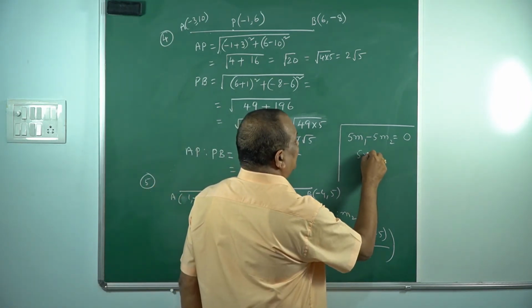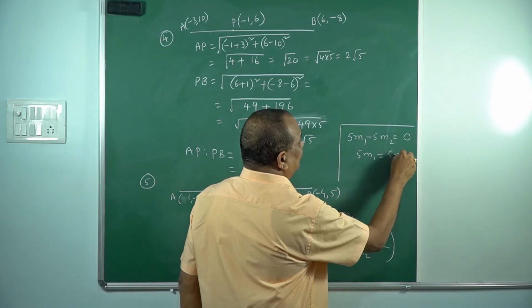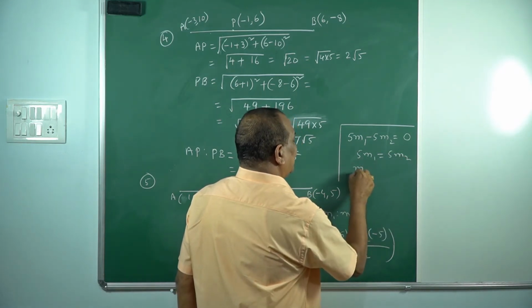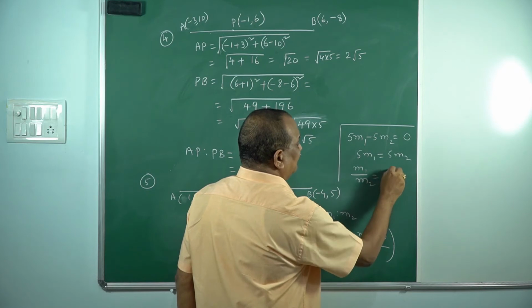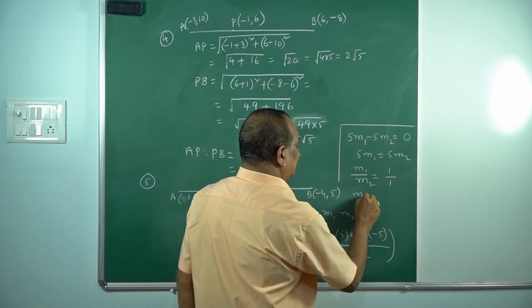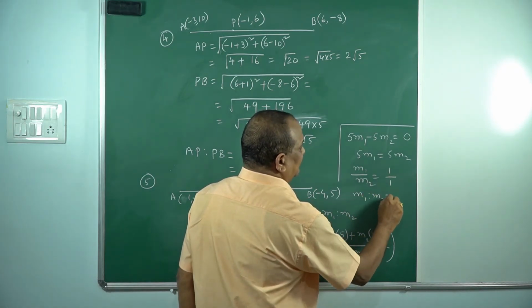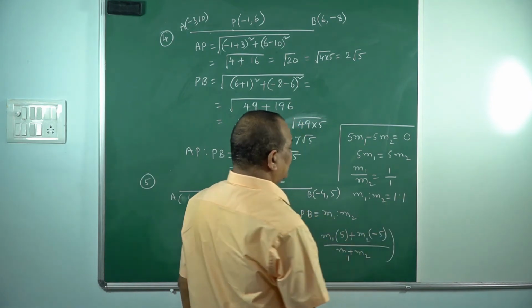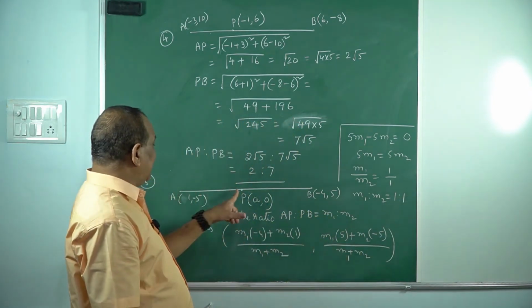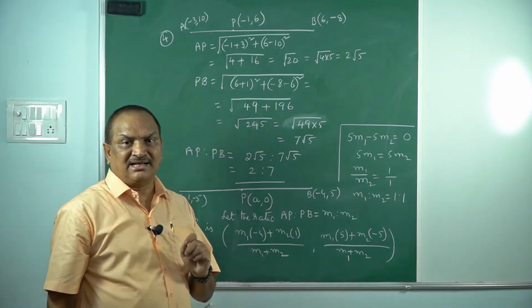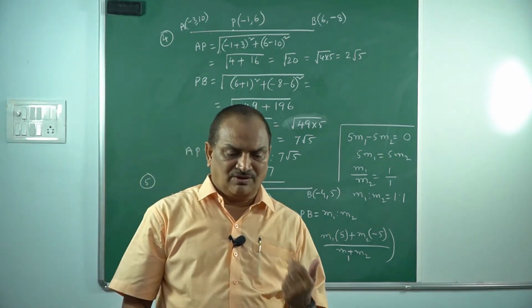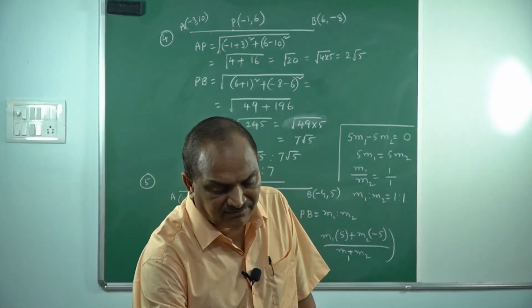So 5m1 is equal to 5m2, and m1 on m2 is 1:1. That's it. So P divides AB in the ratio 1:1. So that is how we work out that one.